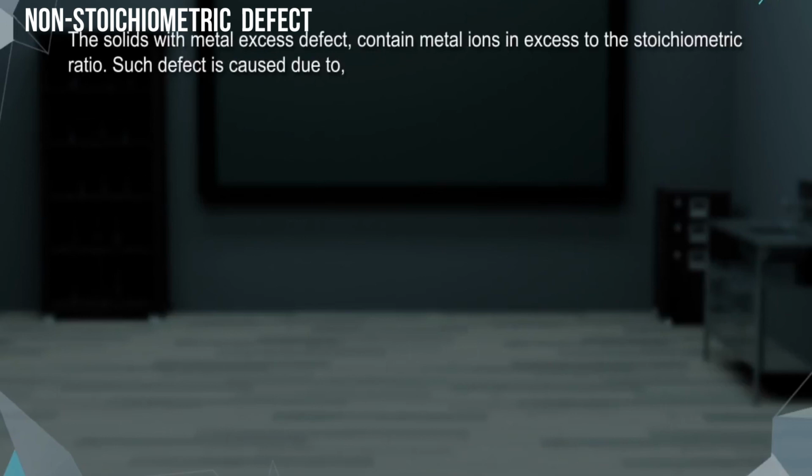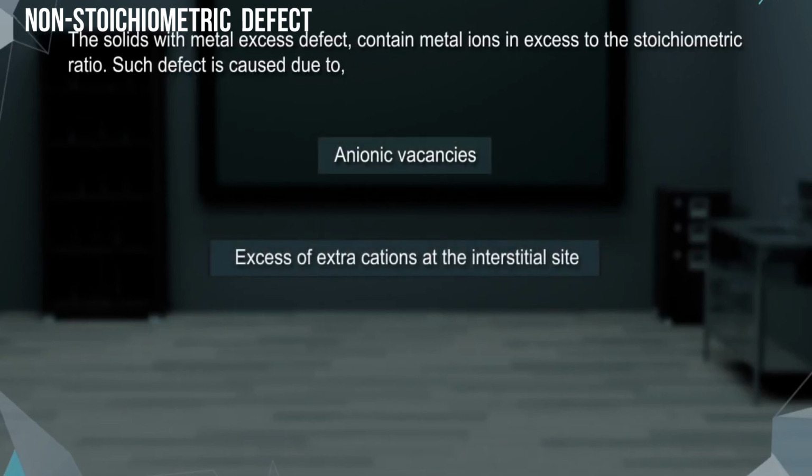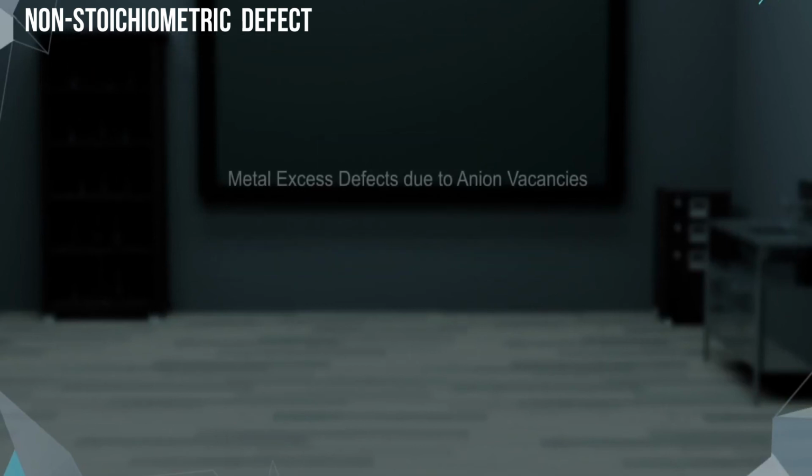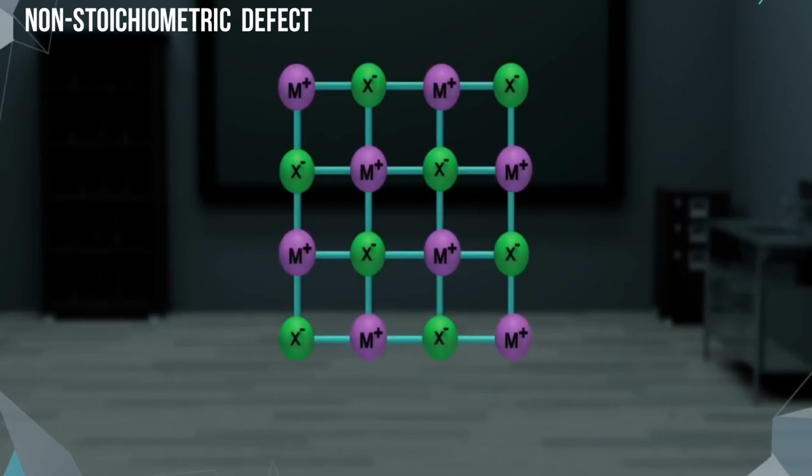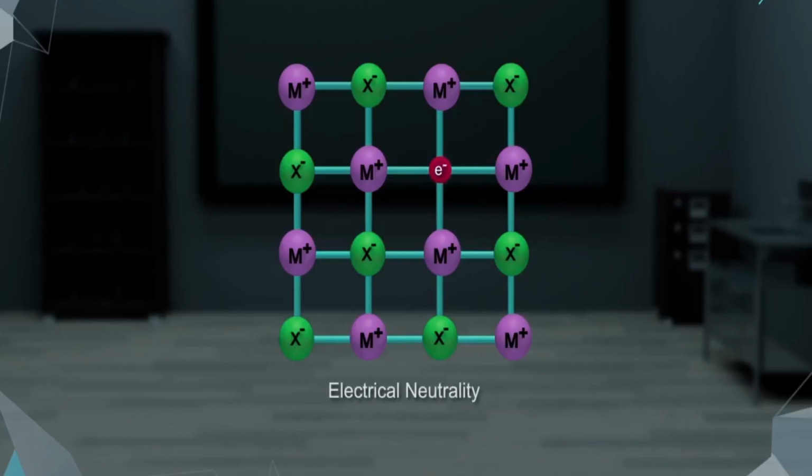Now, let's start with metal excess defect. The solid with metal excess defect contains metal ion in excess of the stoichiometric ratio. Such defect is caused due to anionic vacancies or extra cations at the interstitial sites. Metal excess defect due to anionic vacancies: in an ionic solid, an anion may be missing from its lattice site, leaving a hole which is occupied by an electron to maintain electrical neutrality.